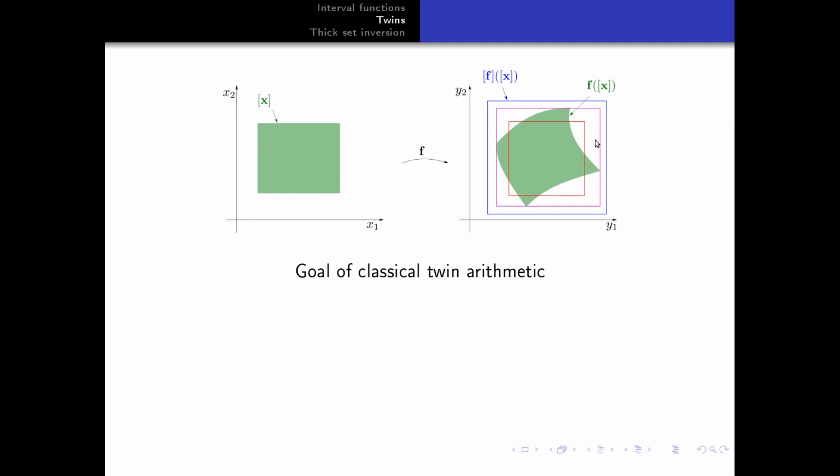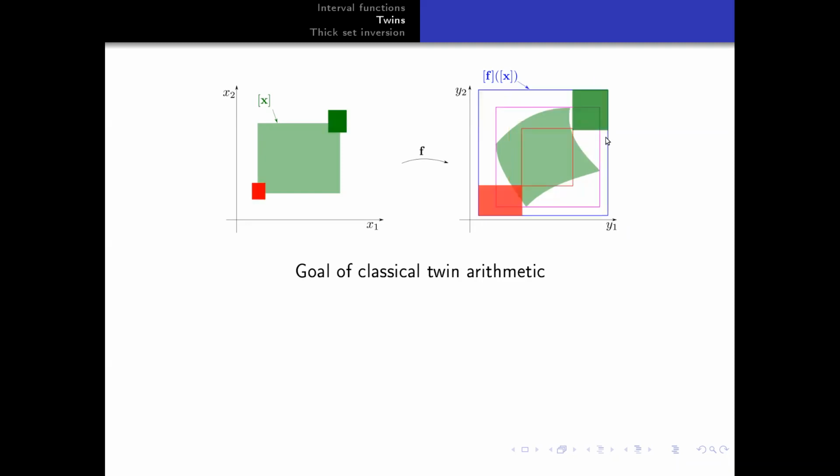And using classical twin arithmetic, I will be able to have an inner and an outer approximation, like this. So here, if I have a twin, with a lower bound and an upper bound which are uncertain, I will be able to compute the red and the green corresponding to an enclosure of the upper bound and the lower bound, and I will be able to enclose the magenta. And it is what we classically want to do with modal arithmetic or twin arithmetic.